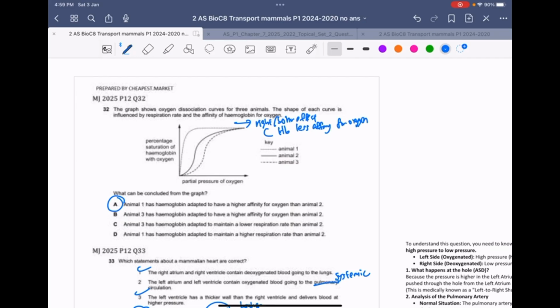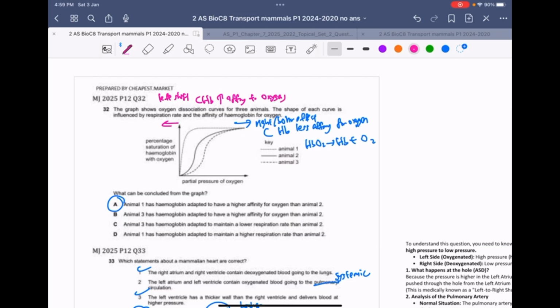So it means that the oxyhemoglobin tend to release the oxygens. But on the left side, which is called left shift, the hemoglobins have a higher affinity to oxygens.